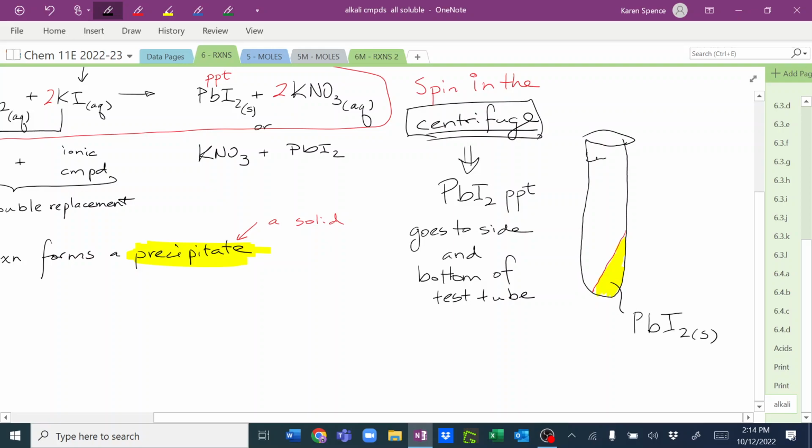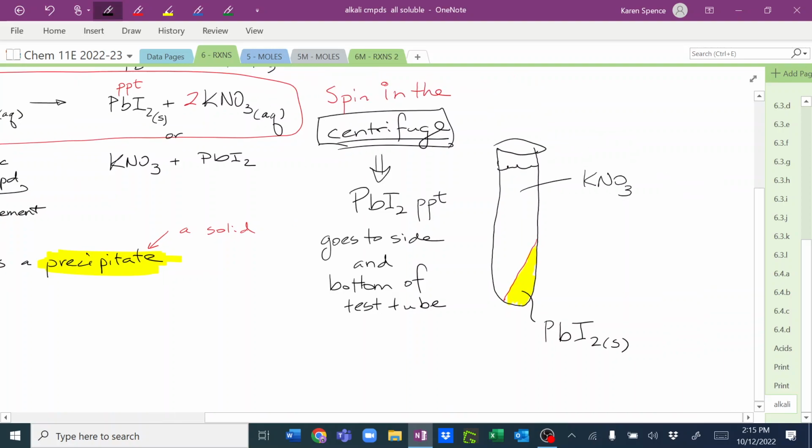And then up top, we still have the liquid, and that is the KNO3 aqueous. So this is the precipitate.